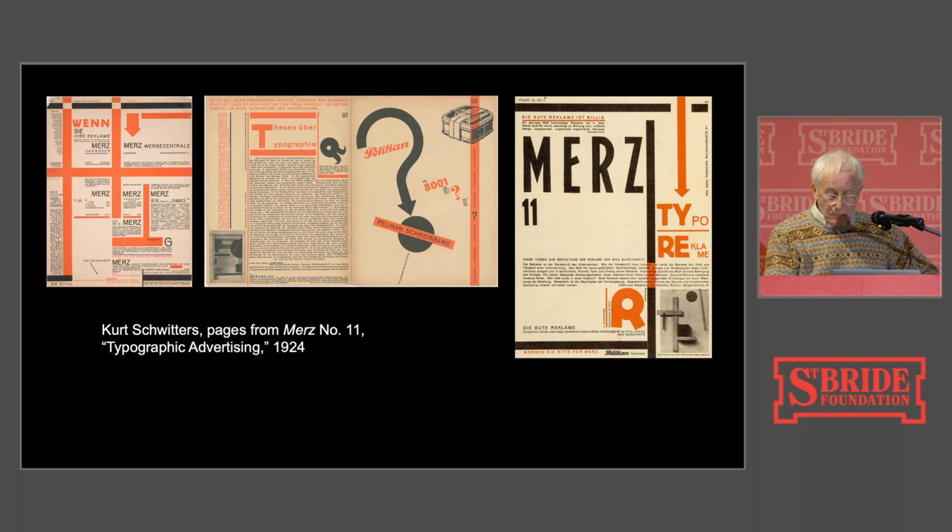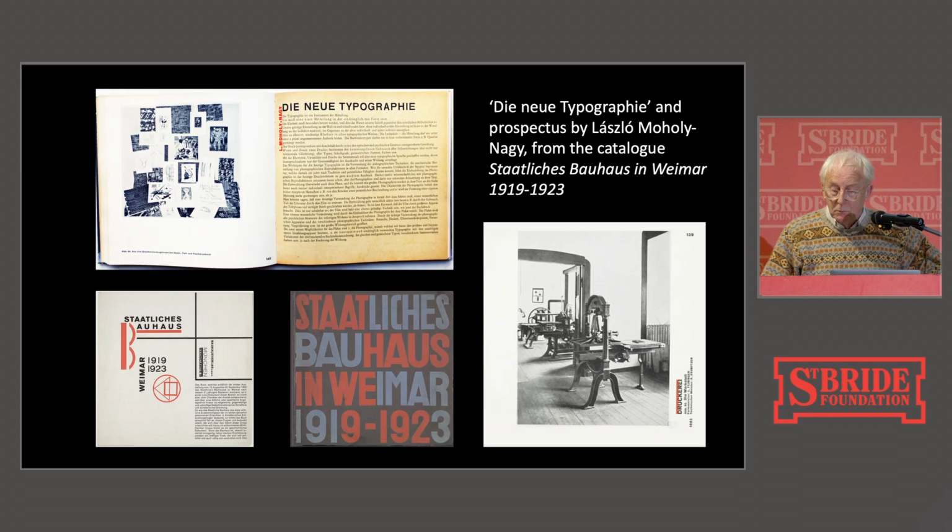And of course, there was László Moholy-Nagy, best seen here in the catalogue to the Staatliche Bauhaus Weimar exhibition of 1923. This catalogue design must have been one of the first things that Moholy undertook at the Bauhaus because he'd only joined the staff 2 months before the exhibition opened.